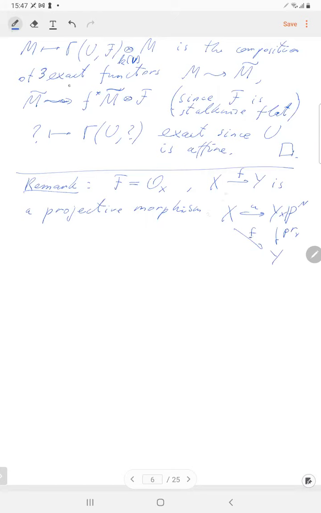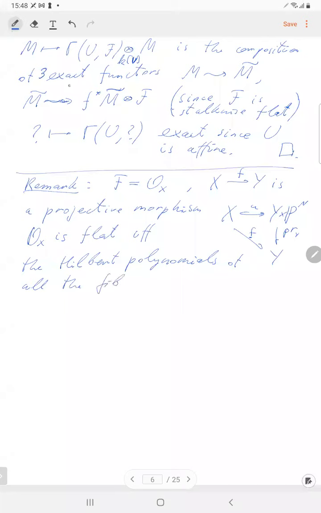Remember that we had the notion of Hilbert polynomial. I say that O_X is flat if and only if the Hilbert polynomials of all the fibers are the same.